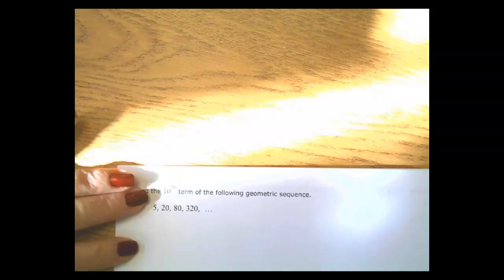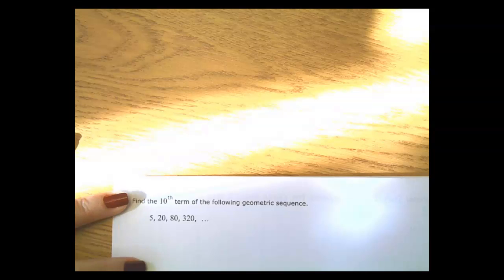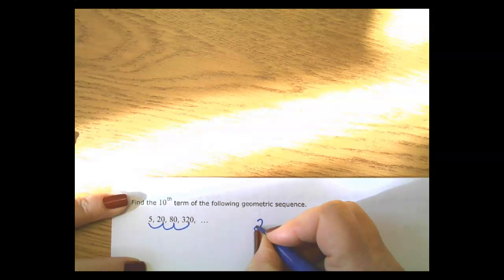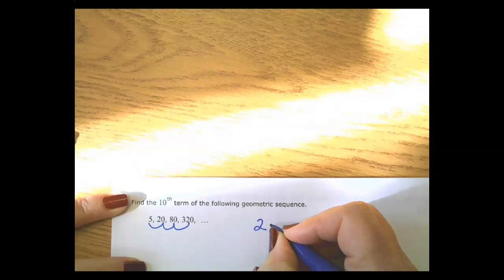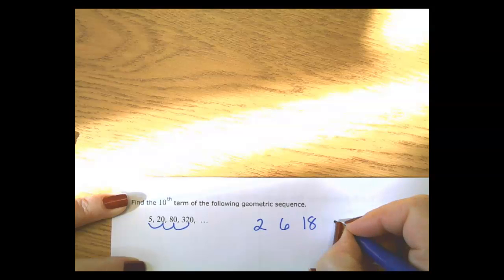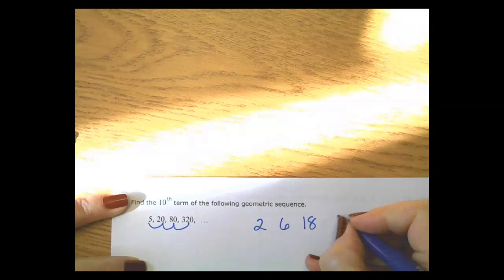This next one, a geometric sequence, you can't see it, there it is. Okay, so what you're trying to find is from here to here to here. I'm multiplying by a certain amount. So let's say I said, let's say 2, 6, 18, sorry, 54.